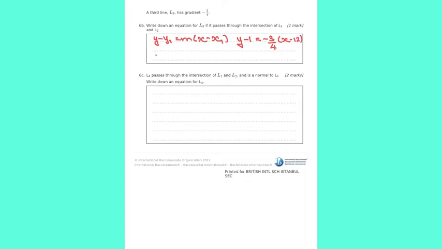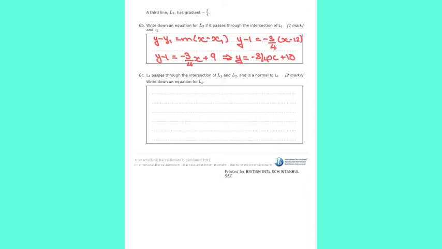So you get y minus 1 equals minus 3/4 x plus 9. Therefore, y equals minus 3/4 x plus 10.